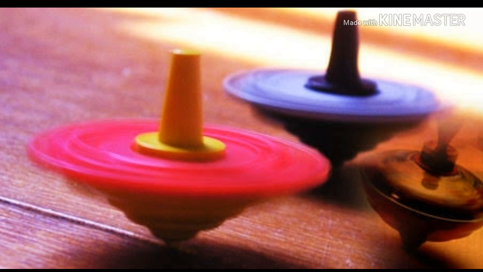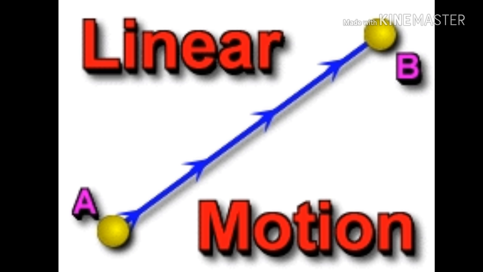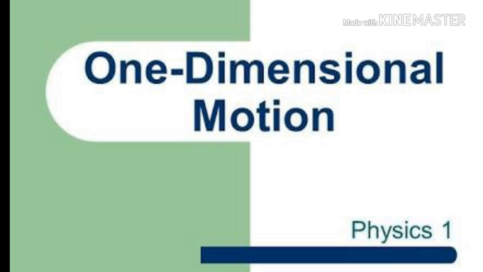Let's start with the first case, linear or translational motion. So what is linear motion? Linear motion is also called rectilinear motion or translational motion. It is a one-dimensional motion along a straight line and can therefore be described mathematically using one dimension.